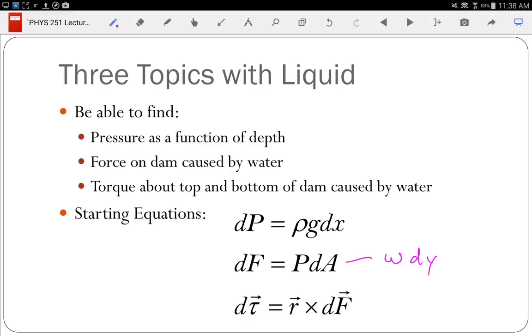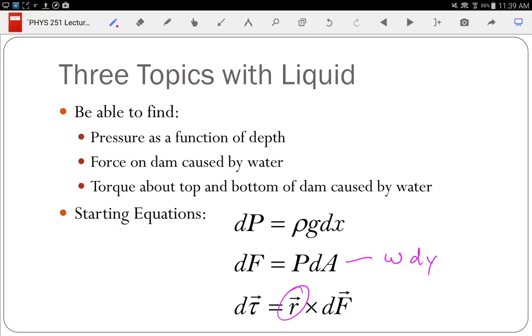But in our problem that we did with the dam, we had the R was a vertical distance, and the force was a horizontal force, and so they were always perpendicular, so the magnitude was always R times dF. And furthermore, the direction was always the same. And so we could make it a simple problem, not one that has to have a cross product, except for we had this additional depth term in there. That's what made the calculation different.